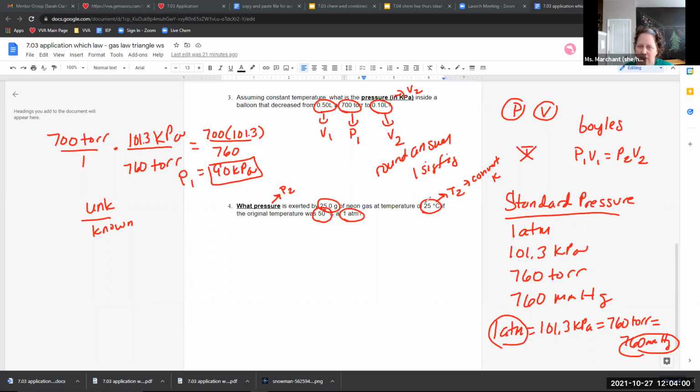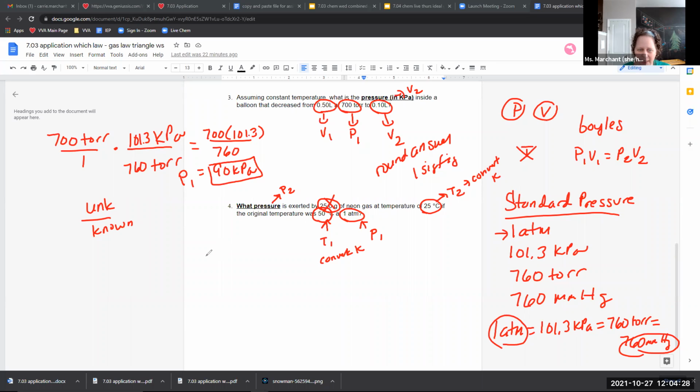Your unknown should have a temperature of 25 degrees C converted to Kelvin. The original temperature was 50 degrees C, so that's temperature 1. Make sure you convert to Kelvin. At atmospheres, atmosphere is a pressure, remember? So that is my starting pressure. And so I can leave that there. 25.0 grams of neon. Did I need that?